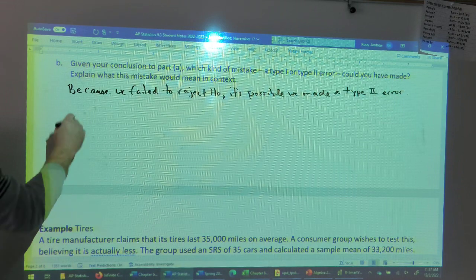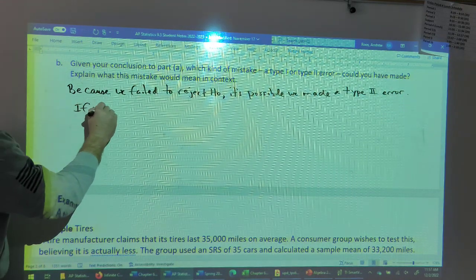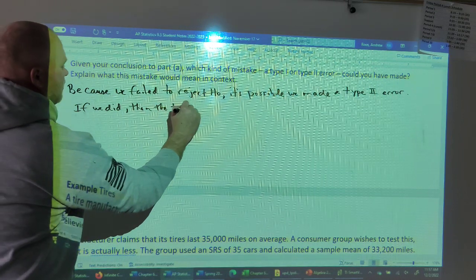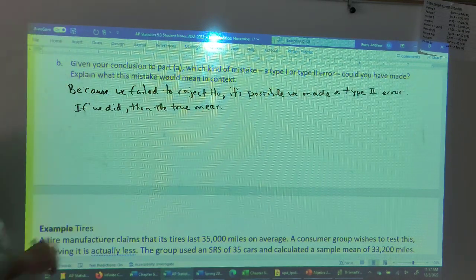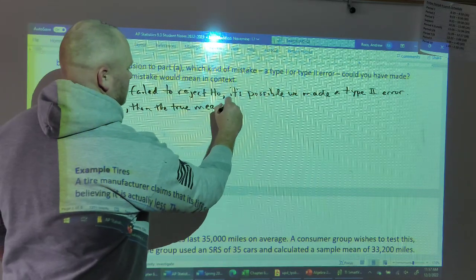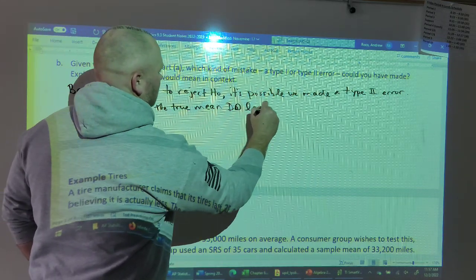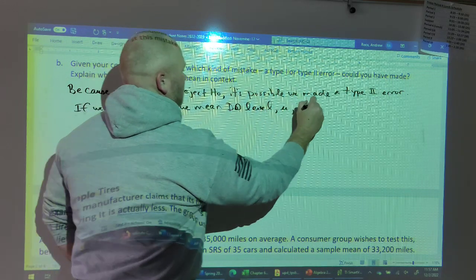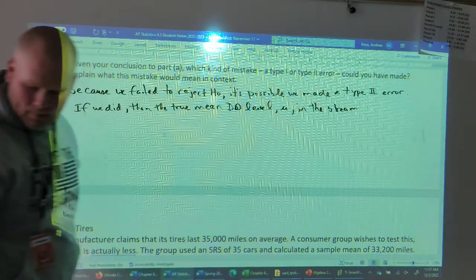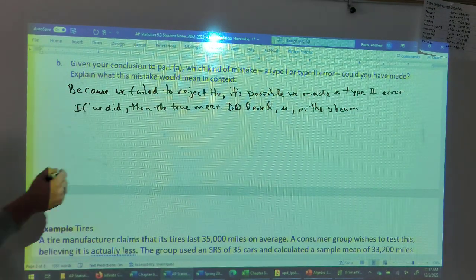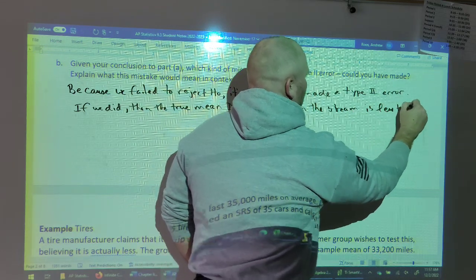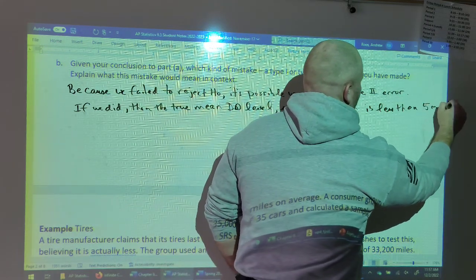If we did, then the true mean DO level mu in the stream is less than 5 milligrams per liter.